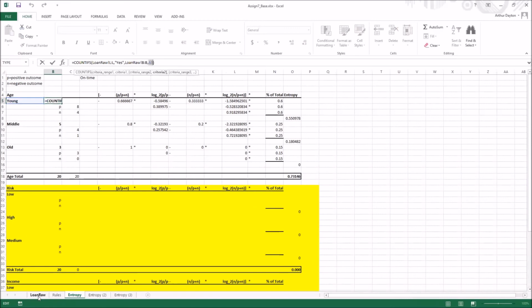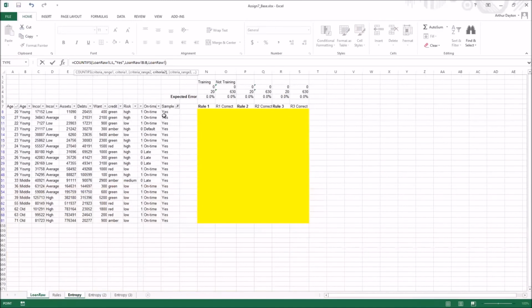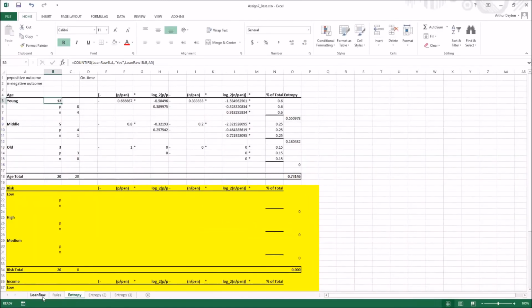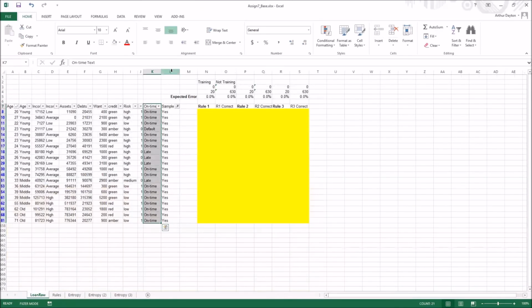So if we jump over to loan raw quick, we see that column L is whether or not we have a sample, so we're going to be pulling values that are equal to sample. And then column B is for our age categorization, column D is for our income categorization, and column I is for our risk categorization.